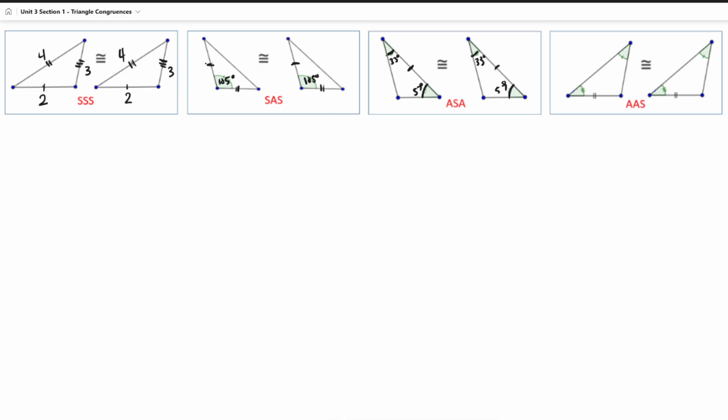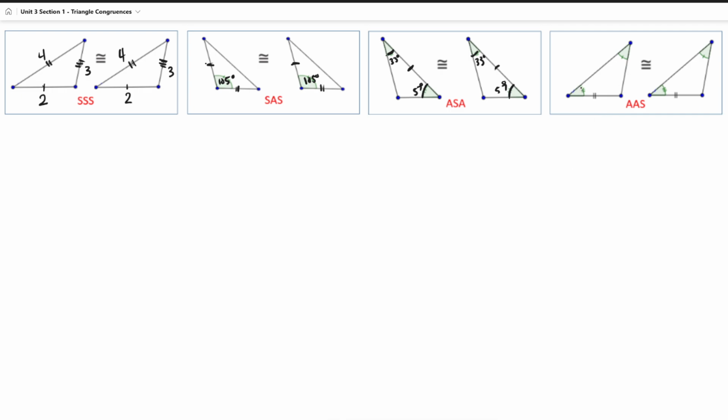Last but not least, we have angle, angle, side. If two angles and a non-included side of one triangle are congruent to the corresponding parts of another triangle, then the triangles are congruent.